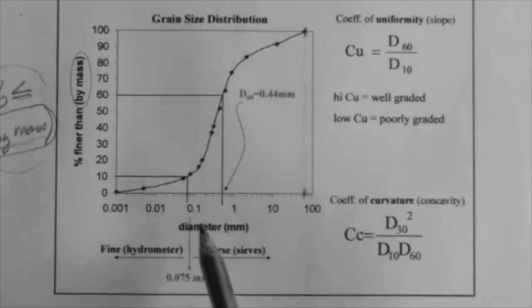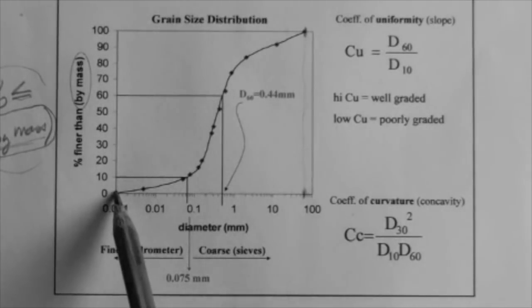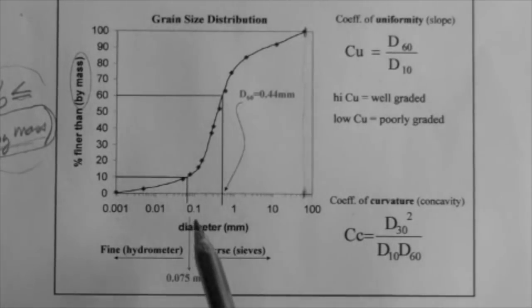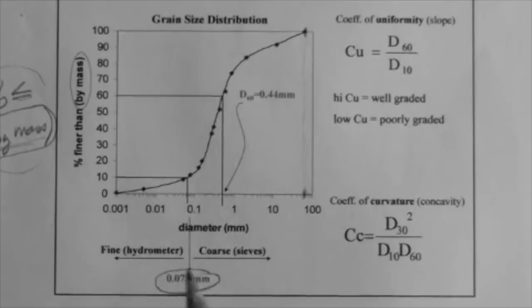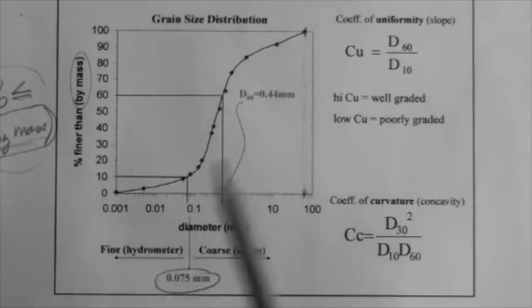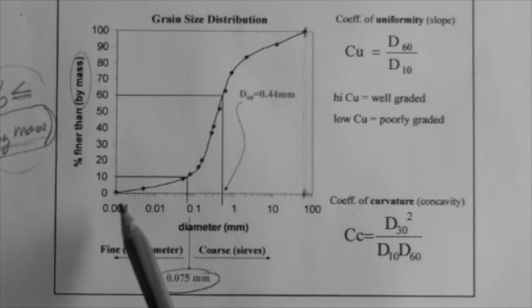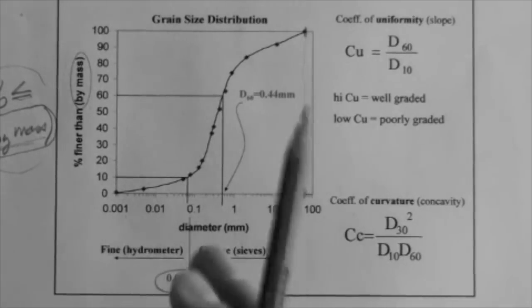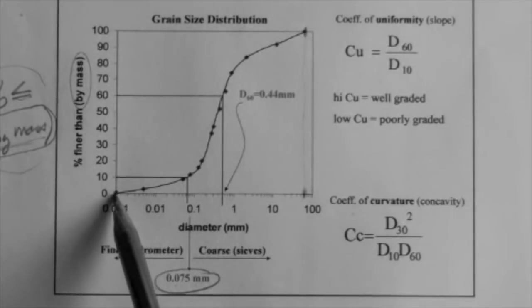Now, what is the smallest grain size? This one, 0.001 millimeters. That's clay, because we know that any particle smaller than 0.075 millimeters is fine, and we know that the distinction between clay and silt is about 0.002 millimeters. So that's a clay particle.